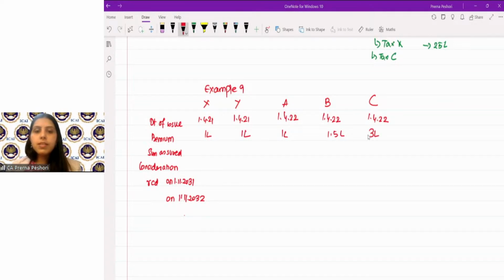Sum assured is 10 lakhs, 10 lakhs, 10 lakhs, 15 and 30 lakhs. Consideration received as on, let's say, 1st July 25. I'll add one more.